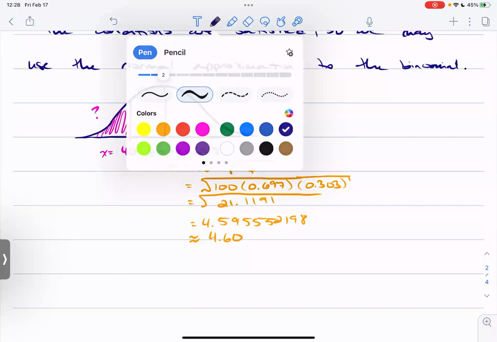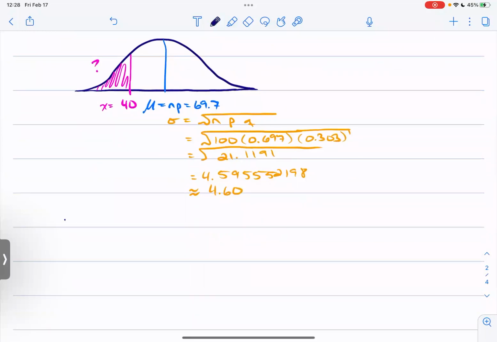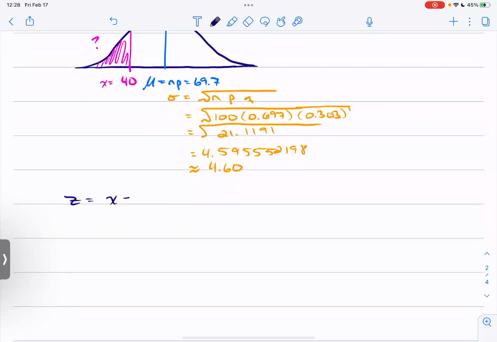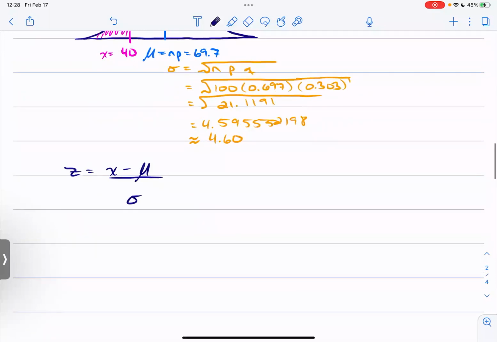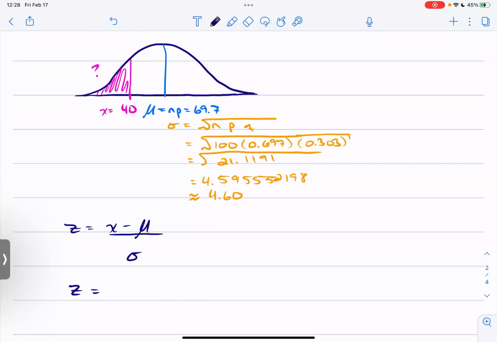All right. Next stop, z-score. As soon as I have a normal distribution, I can use a z-score to find probabilities. So now z is x minus mu over sigma. What I'm finding is how many standard deviations 40 is from 69.7.